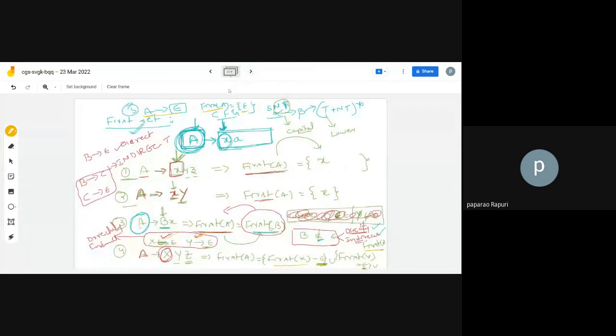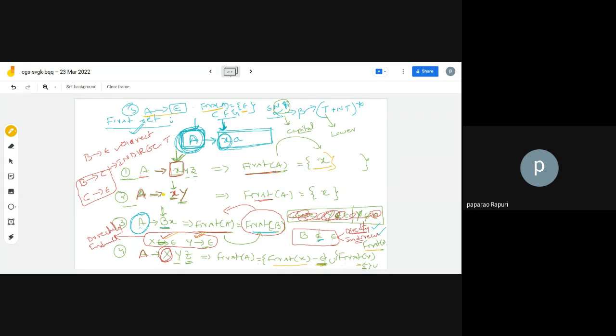So the formulas are: if any production is in the format of A derives epsilon, the first of A is equal to epsilon. If production A derives a small x followed by y, z, anything, then the first of A is equal to the set {x}.